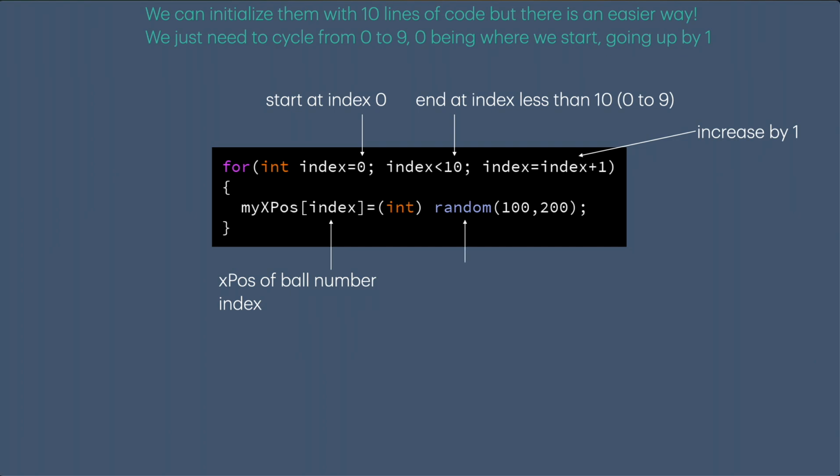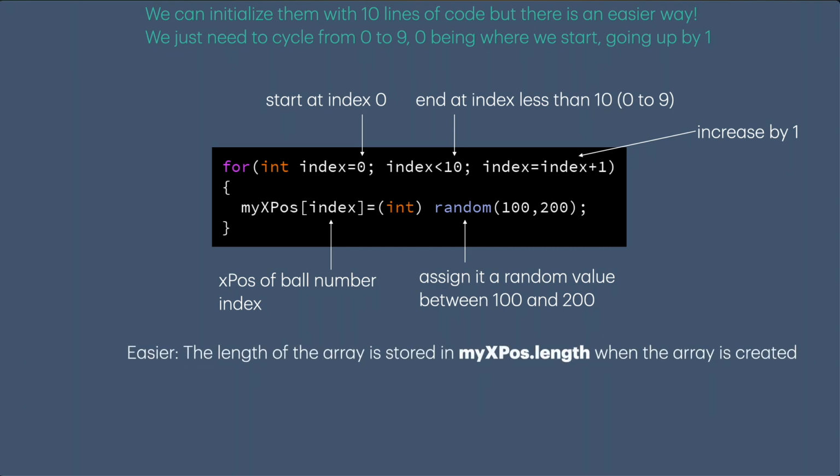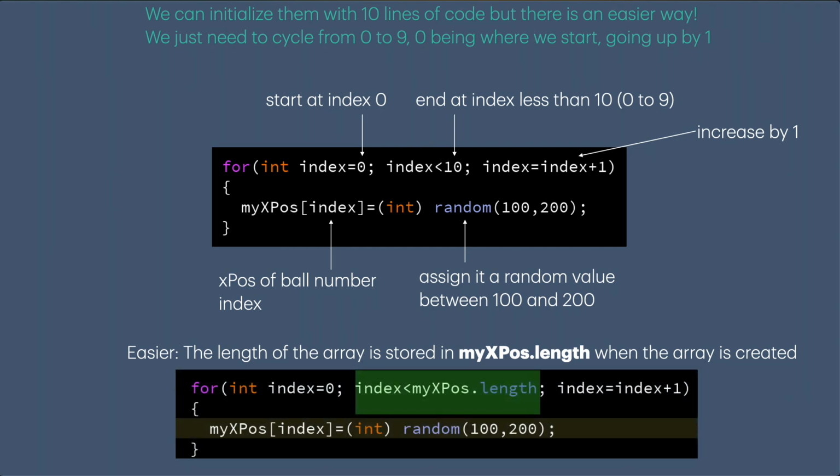There's also something that might make life easier here, and that is the length of the array is stored in my xposition.length when the array is created. This is in Java; in C++, this does not occur. So when you take that class, you will have to keep an array length variable hanging around.